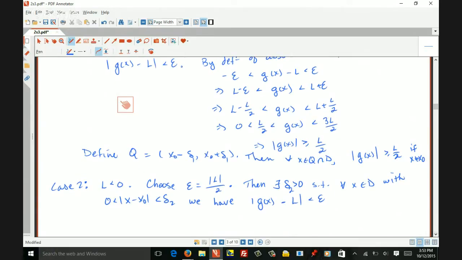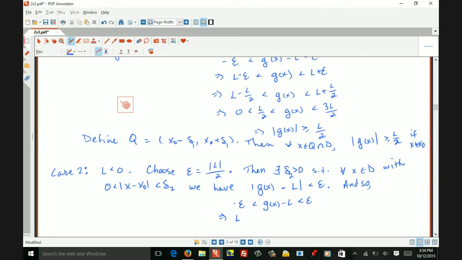Well, apply your definition of absolute value. You're going to have minus epsilon is less than g of x minus L is less than epsilon. Add your L. But what was epsilon?